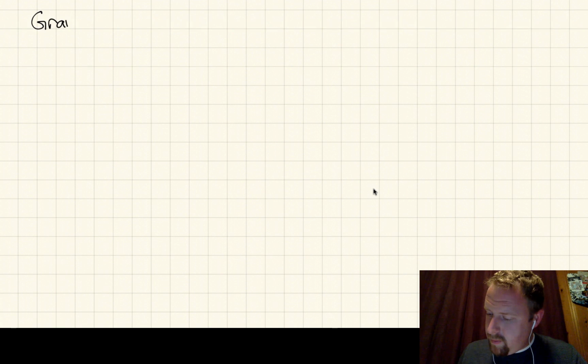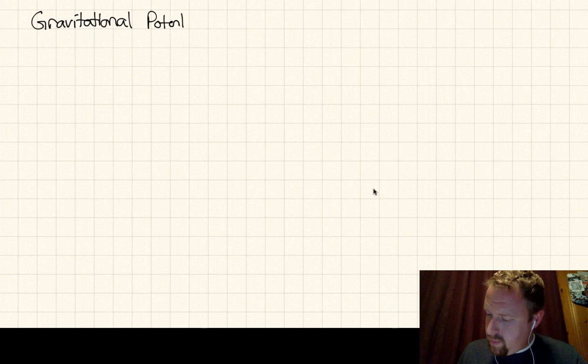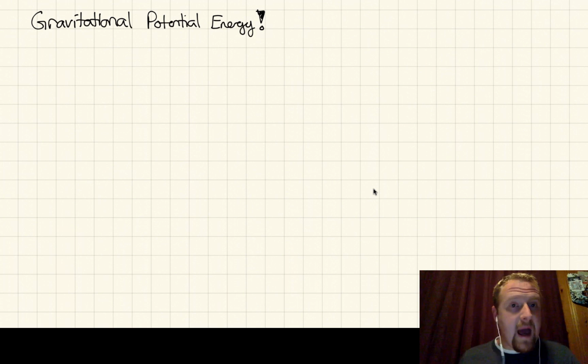Gravitational potential energy is energy that is tied to this force of gravity. So let's look at an example here.